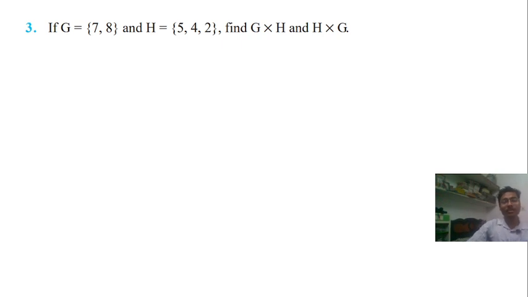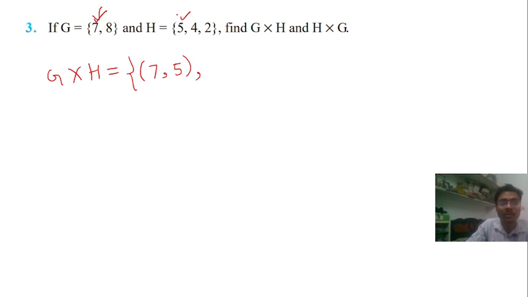Coming to question number 3, it says if G and H have respective numbers of elements, you will have to find the Cartesian products G cross H and H cross G. Okay, so first we will write G cross H. To write G cross H, we will write first the element of G, then the element of H. That is 7, 5, comma, first the element of G, then the next element of H, that is 7, 4.